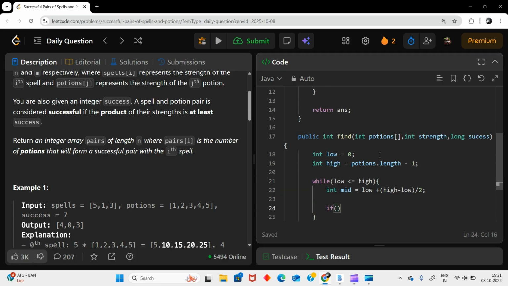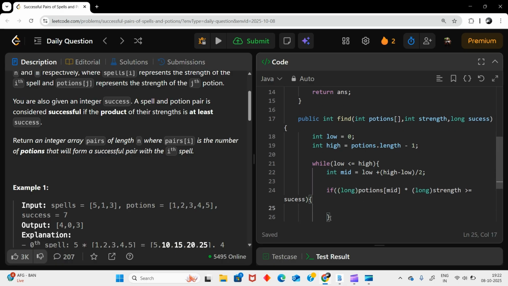If portions of mid into my strength is greater than or equal to success, as our success is long, we will cast this into long and compare.